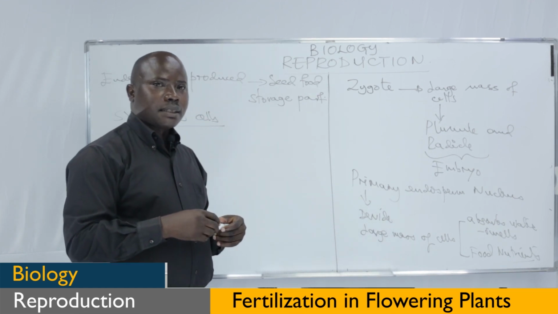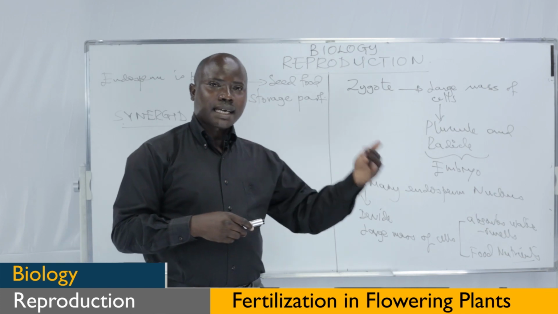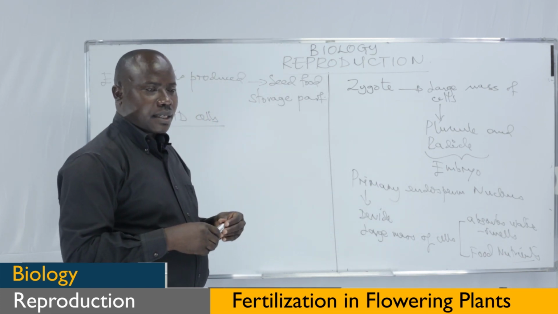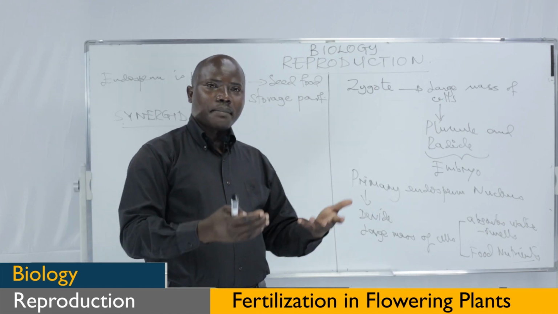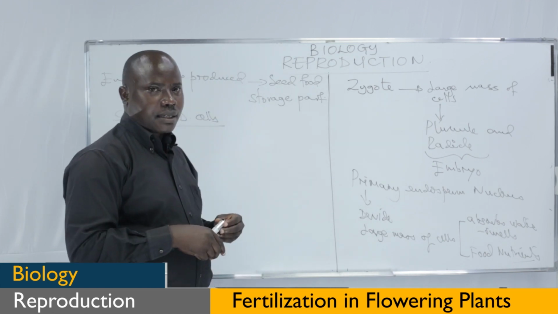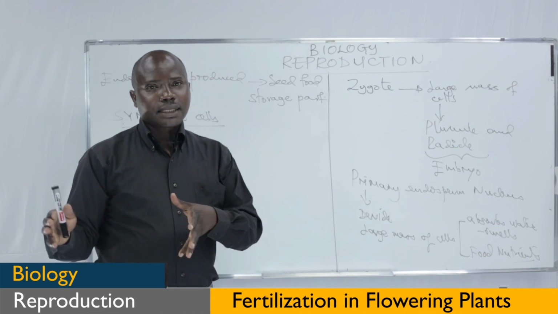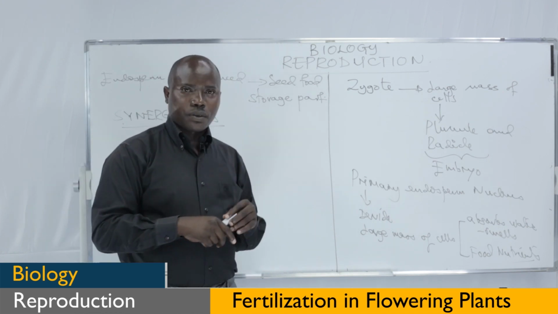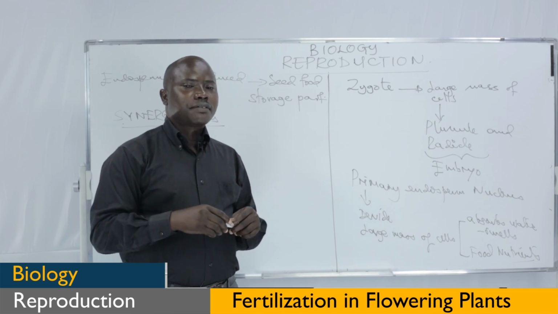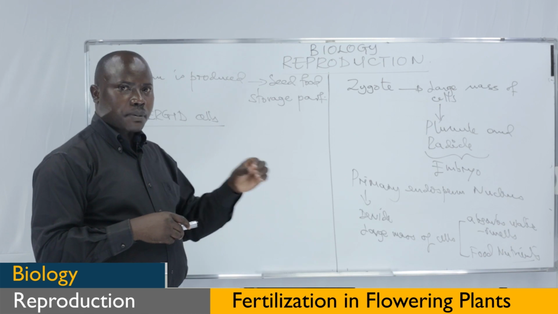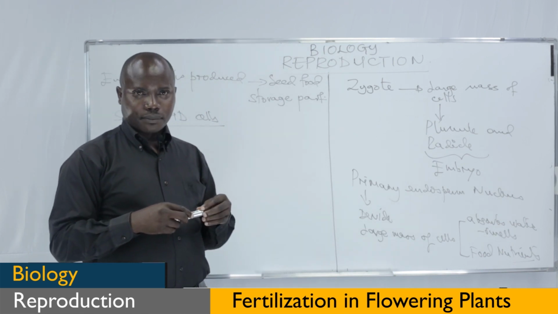It means after the pollen tube has arrived into the embryo sac and it has released the male gametes into the embryo sac, the male gametes fertilize the egg cell, forming the diploid zygote. Another male gamete fertilizes the polar nuclei, forming the primary endosperm nucleus.